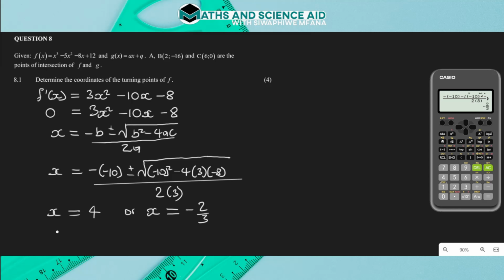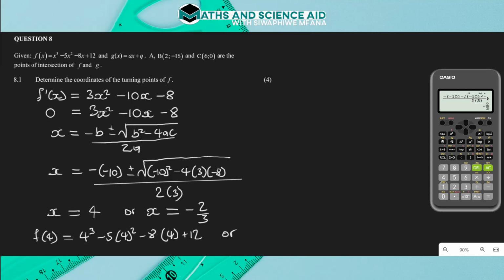And now the last thing to do is to substitute in these x values into the original equation. So for x is equal to 4, we'll have f of 4 equal to 4 to the power of 3 minus 5 into 4 squared minus 8 into 4 plus 12.